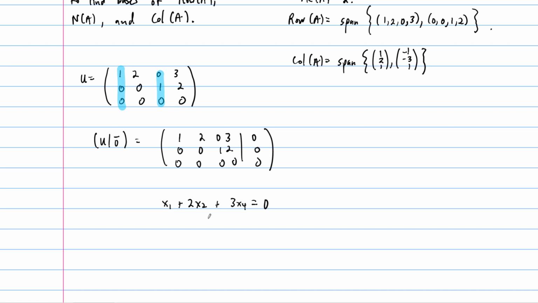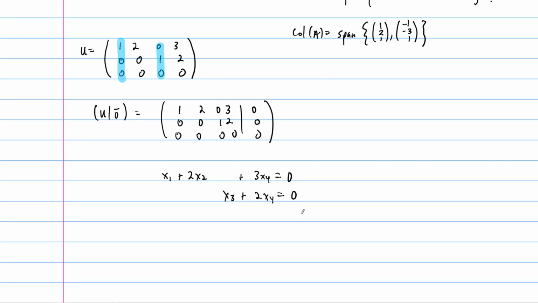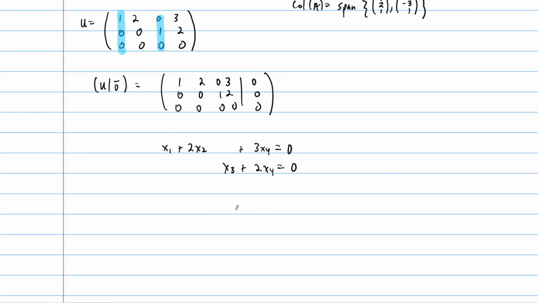And then this next one, maybe we should move this a little bit, just to line up all these variables and write this as a system of equations. The next one here says that x3 plus 2x4 is equal to 0. And so we can solve these for x1 and x3 in terms of x2 and x4, right?